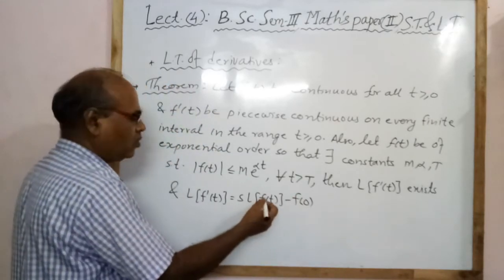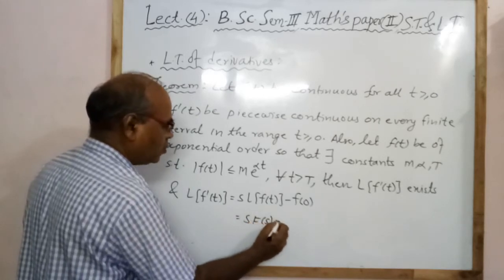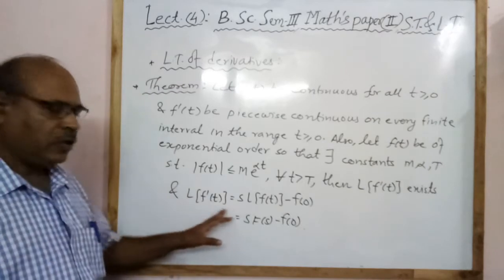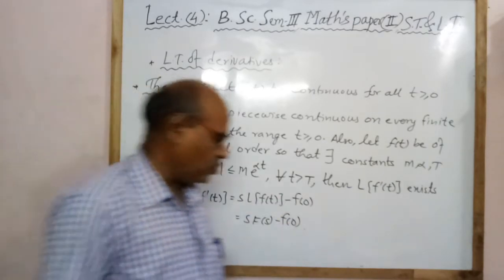This Laplace of f of t we can write as F of s. Therefore, Laplace of f dash of t equal to s into F of s minus f of 0.